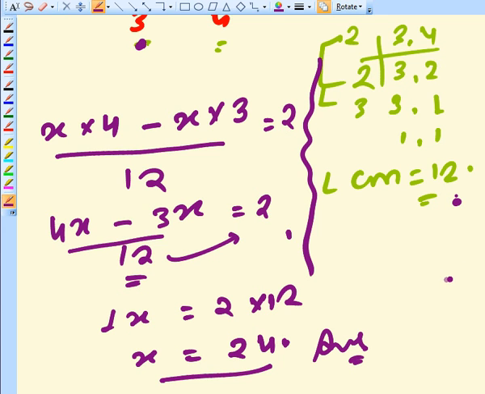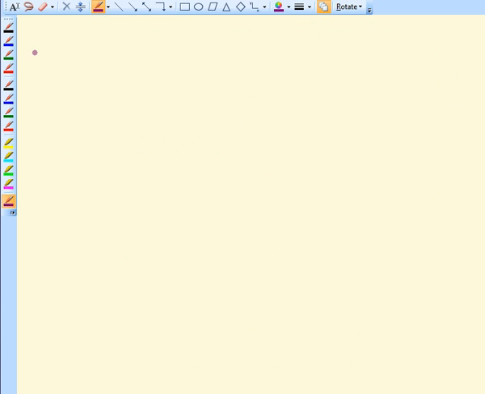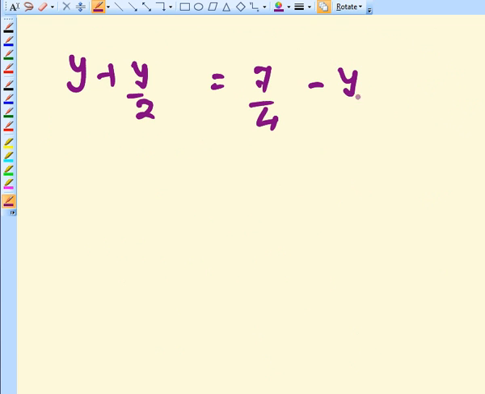Question number 6. Y plus y by 2 equals to 7 by 4 minus y by 4. Now in this question we are having y by 2 then equals to 7 by 4 minus y by 4. Transpose this minus y by 4 to the left hand side.